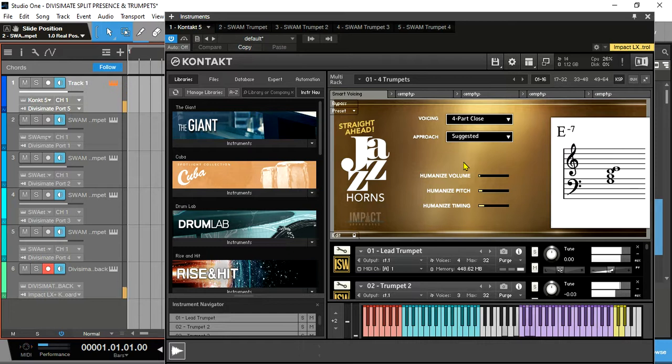Okay, and this is going chromatic. I'm going to play now the Lydian scale, which is the fourth degree of C major 7. Then I'm going to play the Mixolydian, which is the fifth degree of the scale, which is a G7.